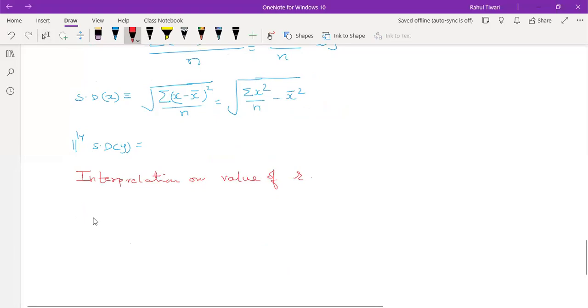If my value lies between minus 1 and minus 0.7, what will be my conclusion? It's a strong inverse correlation.